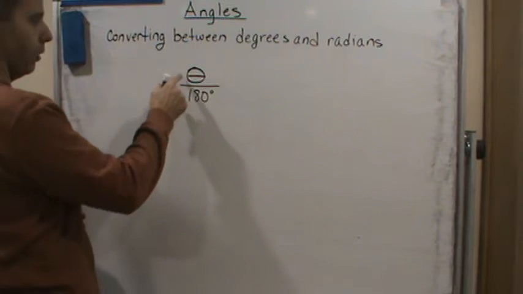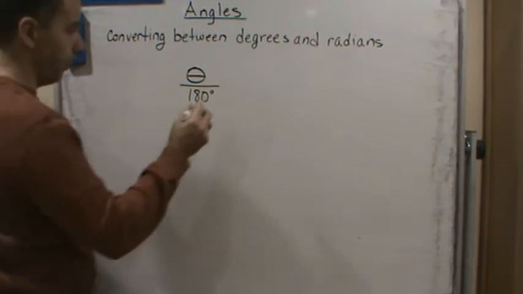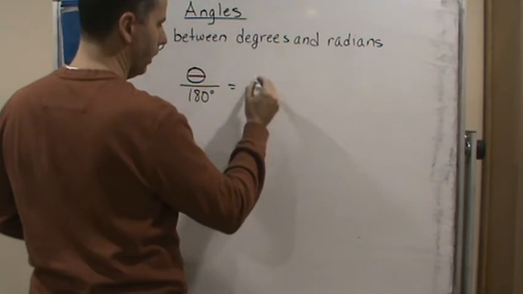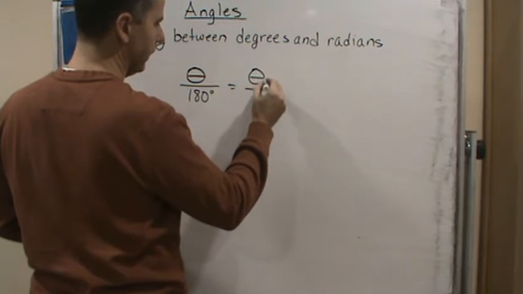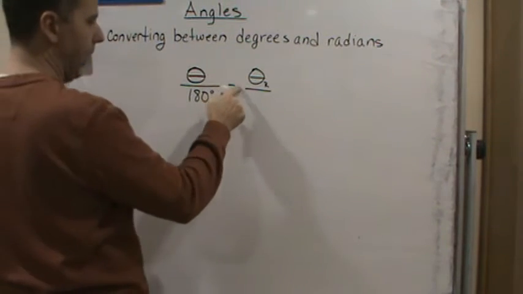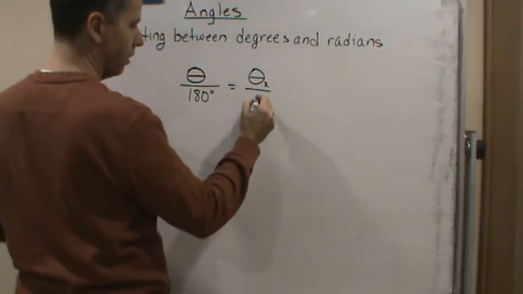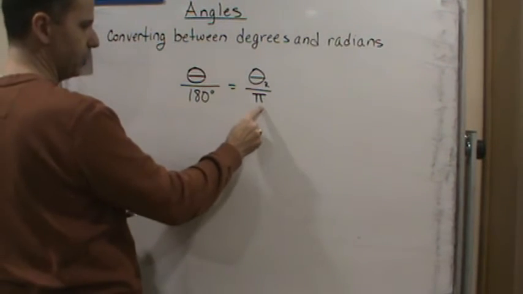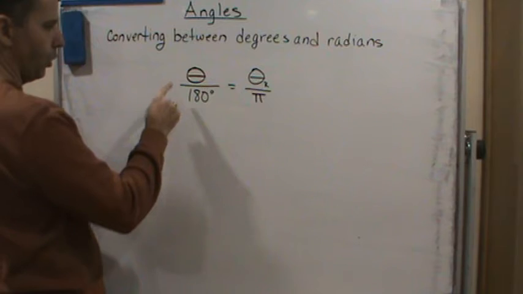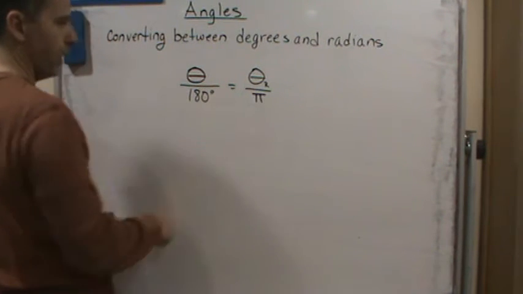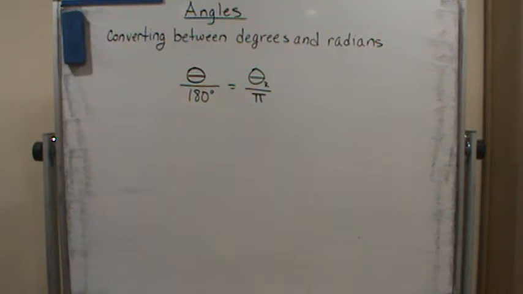That ratio should always equal the measurement of the central angle in radians to pi radians, because 180 degrees is equal to pi radians.